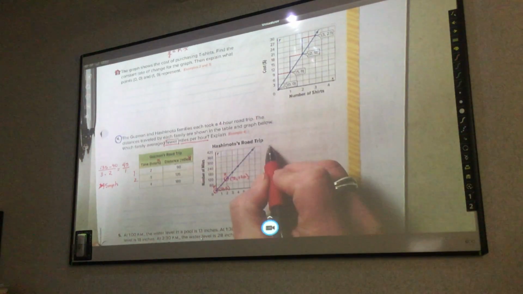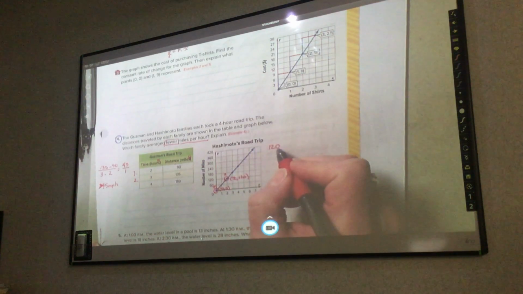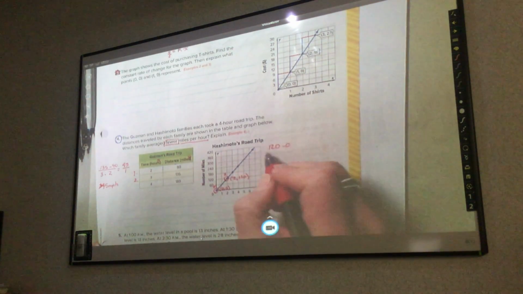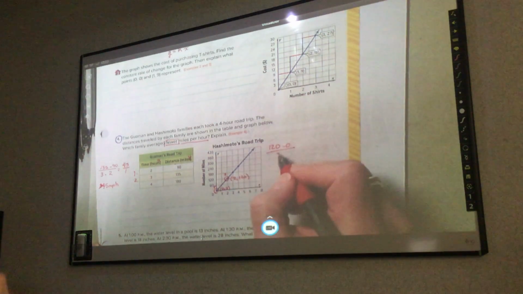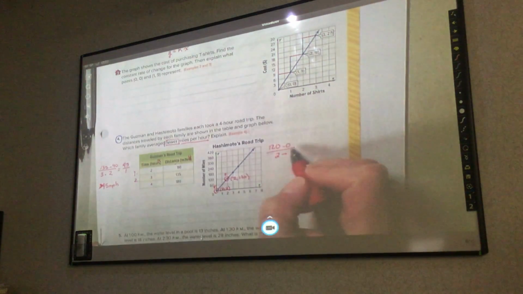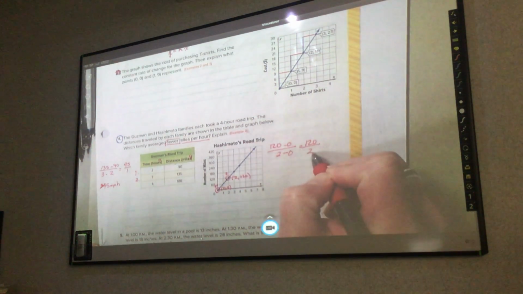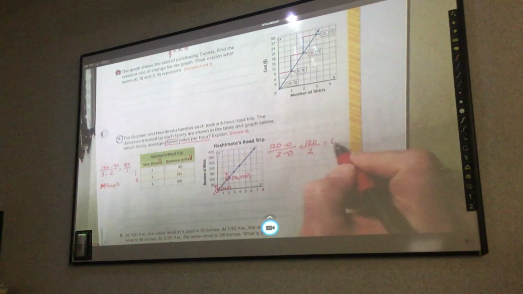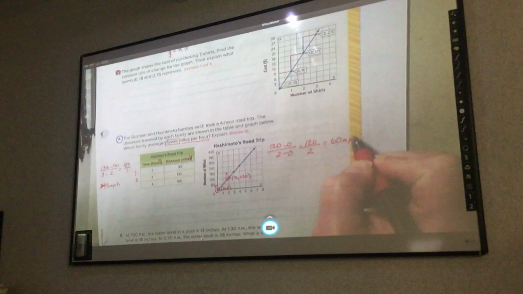So y2 is 120 minus y1 is 0, over x2 is 2 minus 0. So then I have 120 over 2. Do that in my calculator and I get 60. It's 60 miles per hour.